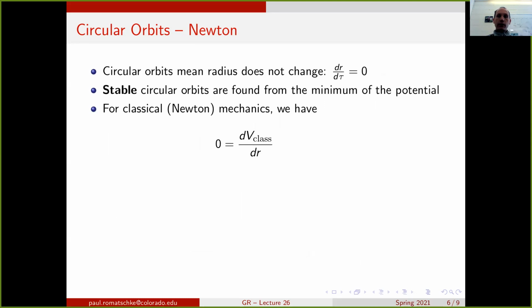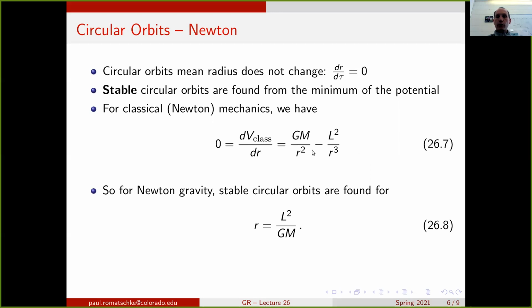For classical Newtonian mechanics, we can derive this straightforwardly. We take the derivative of the classical potential with respect to the radius. If we do this, we find two terms, GM over r squared minus L squared over r cubed. These have to sum up to 0.